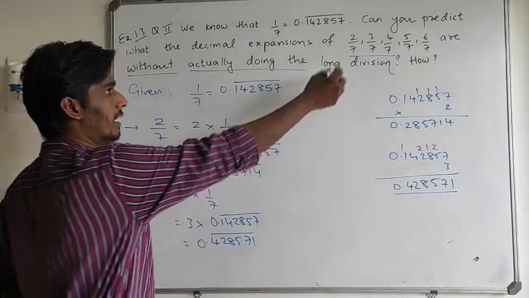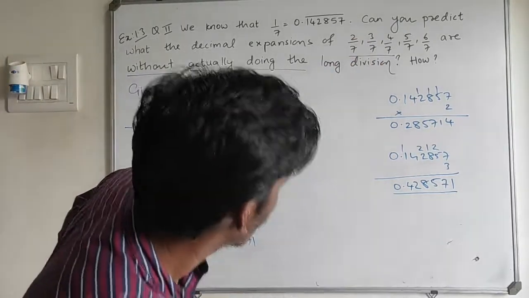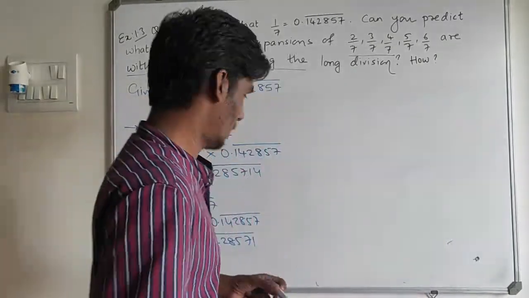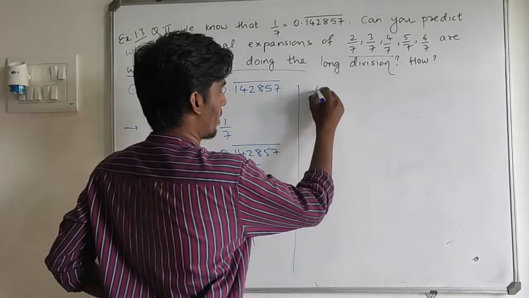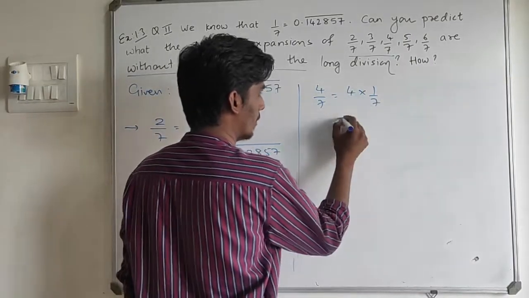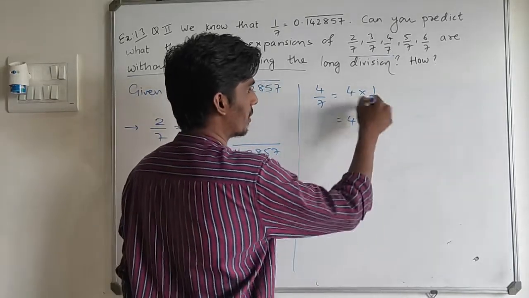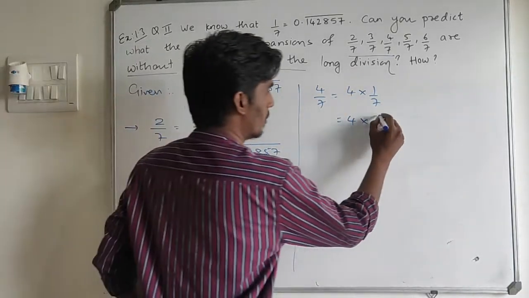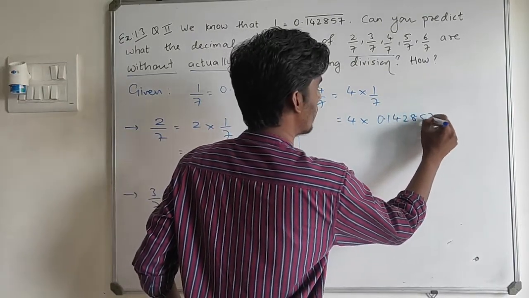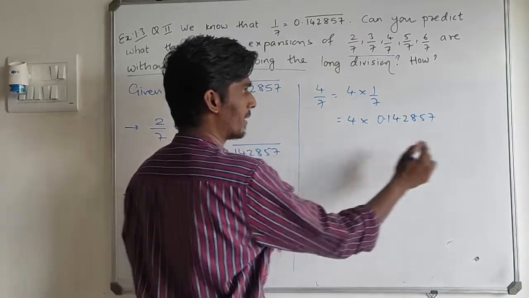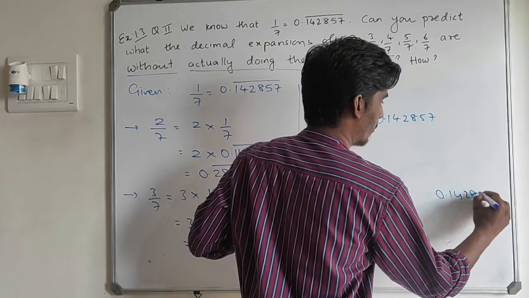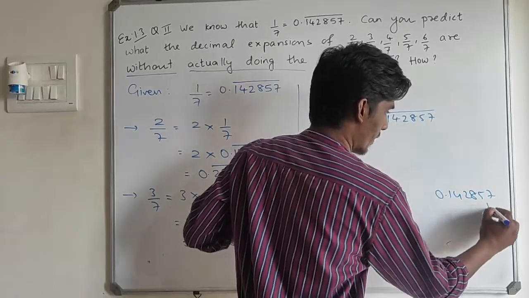So this is the value of 3 by 7. Similarly, we can find out the value of 4 by 7. So here 4 into 1 upon 7. 4 as it is. Now instead of 1 by 7, its value is 0.142857. So to multiply these two numbers, it's 0.142857 into 4.